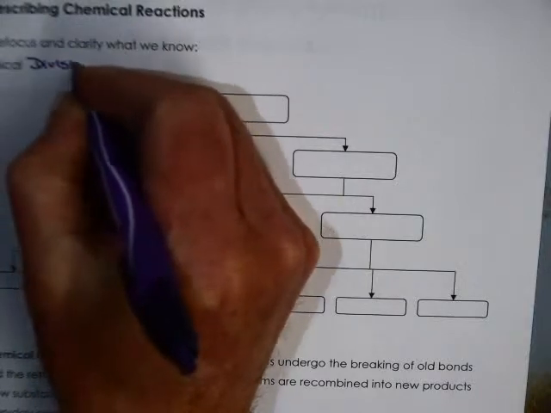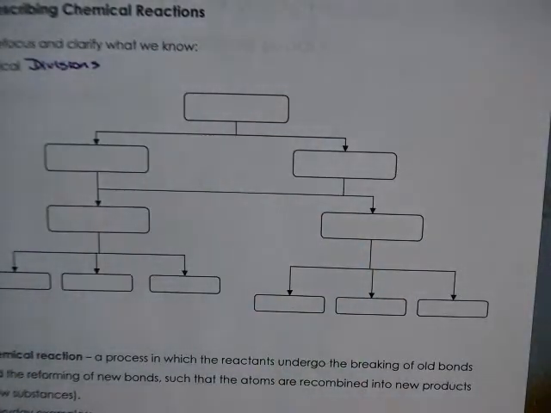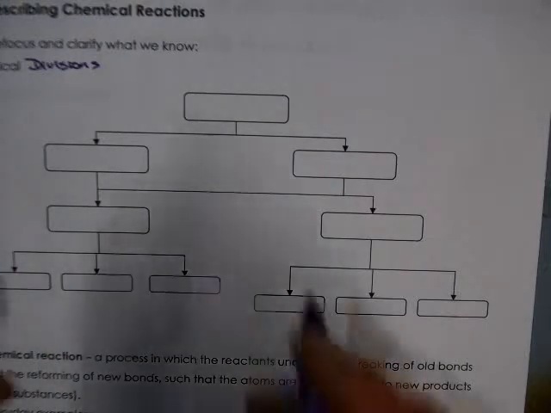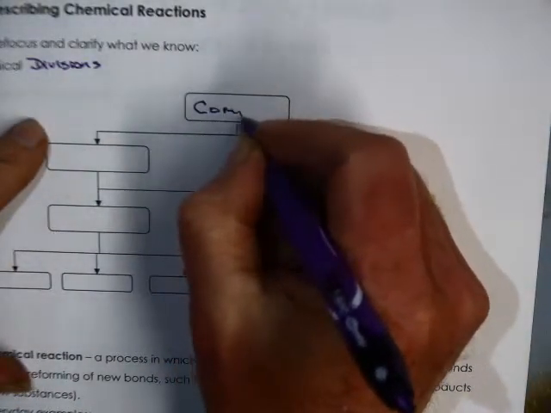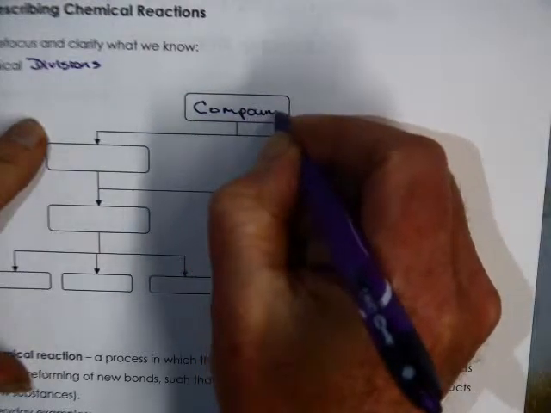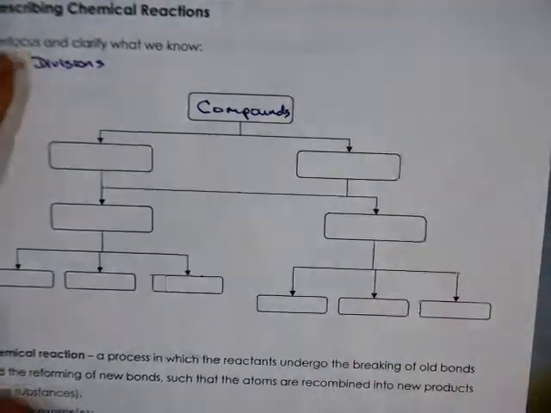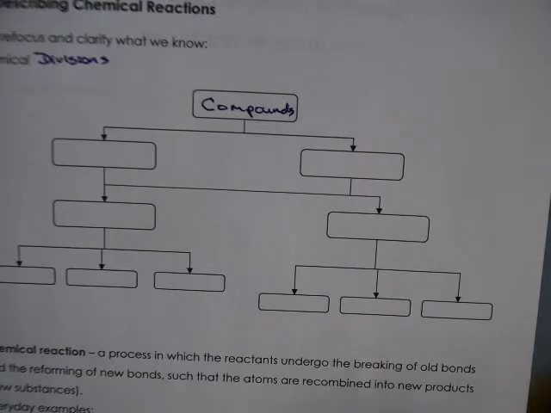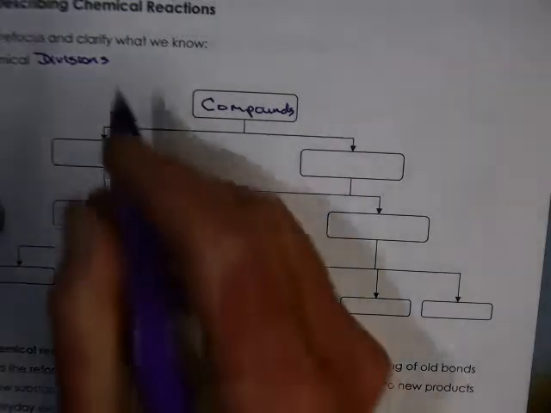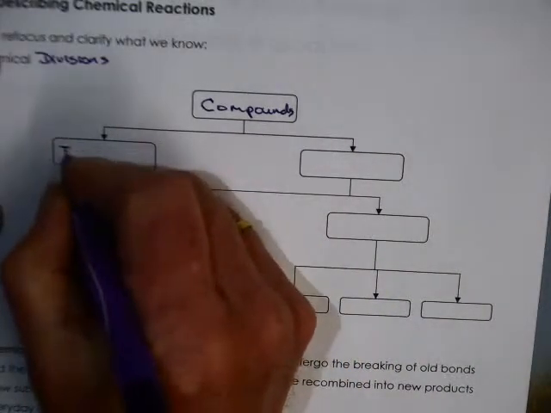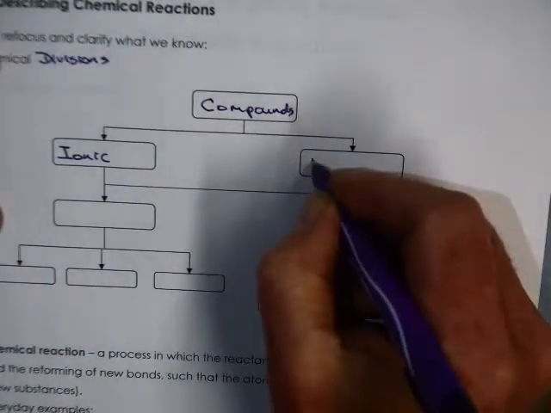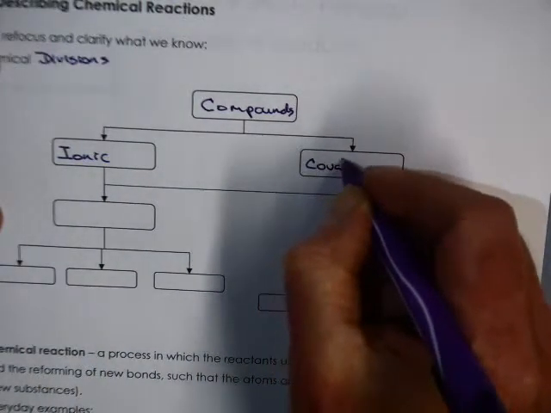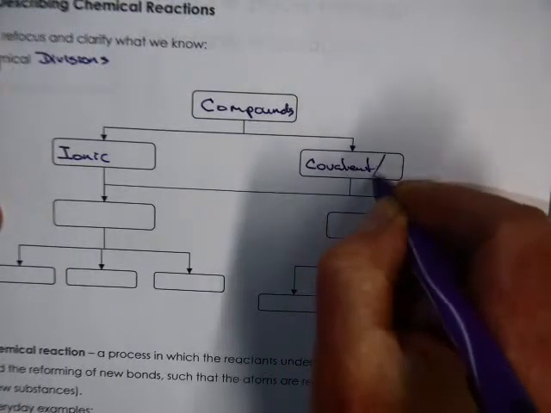And now, instead of talking about all matter, we're going to start at the top where we're going to talk about compounds. Compounds are broadly divided into two categories. The first one we call ionic. Of course, the other one is covalent, or if you wish, molecular.